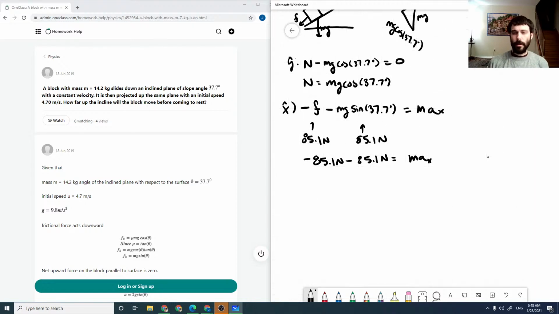And so then our acceleration in the x direction is then minus, what is that, 170.2 over our mass, which is given as 14.2 kilograms.